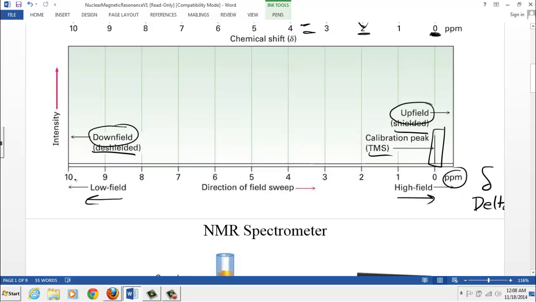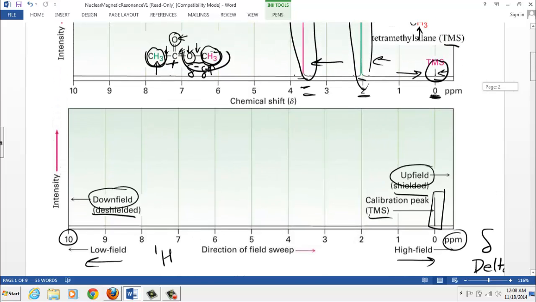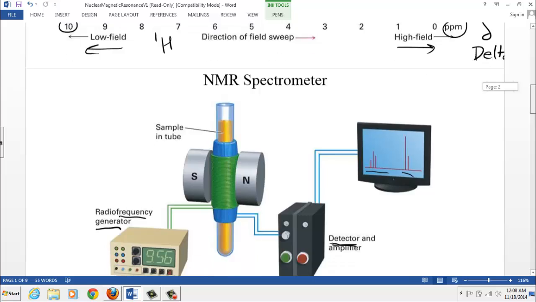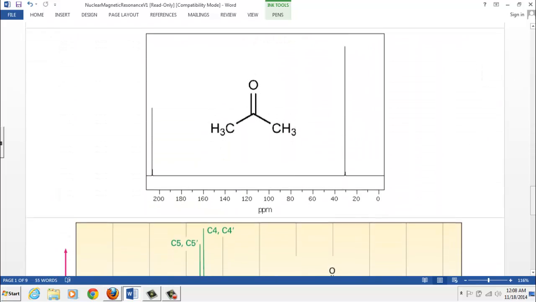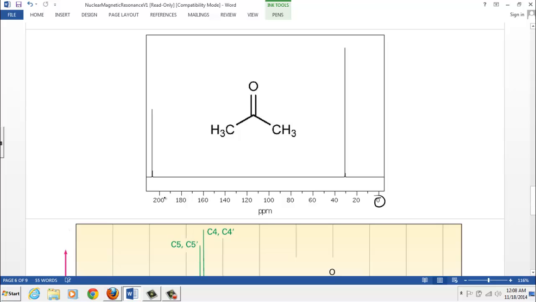What we'll be familiar with is anytime the scale runs from around 0 to 10, that's the hydrogen NMR. And when the scale, let's see if I got one, that runs to 200, going down, here we go. Here's one where the scale runs from 0 to 200 or so, that's tuned to carbon, and that'll be C13 NMR.